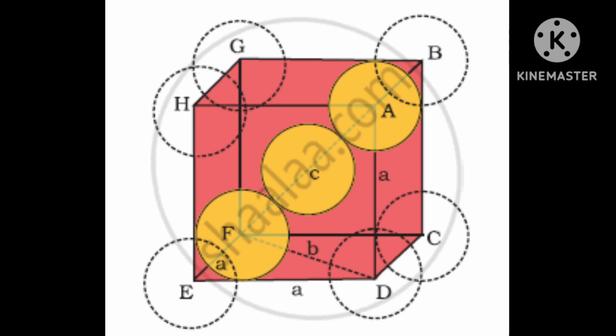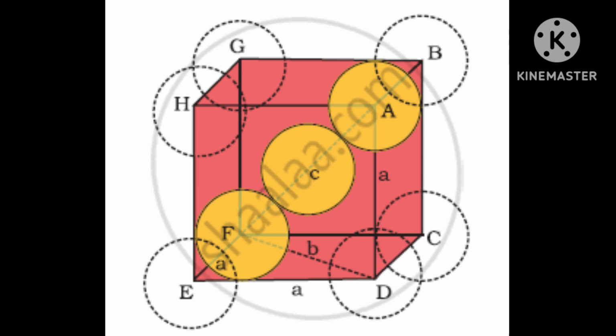Then, like last class, packing efficiency is equal to the volume occupied by 2 spheres. Last class there were 4 spheres in the case of HCP or CCP; here 2 spheres. Packing efficiency is equal to the volume occupied by 2 spheres in the unit cell into 100, divided by the total volume of the unit cell.